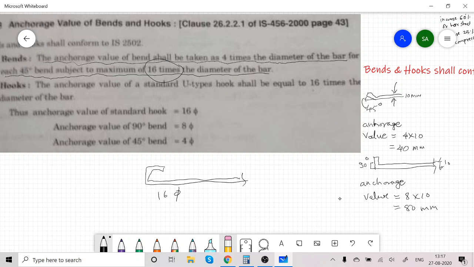This is the anchorage value of a standard hook. For a 45-degree bend, it is 4 into the diameter of the bar. For a 90-degree bend, it is 8 into the diameter of the bar. Maximum 16 into the diameter of the bar you can consider as the anchorage value. So this completes the bond chapter.